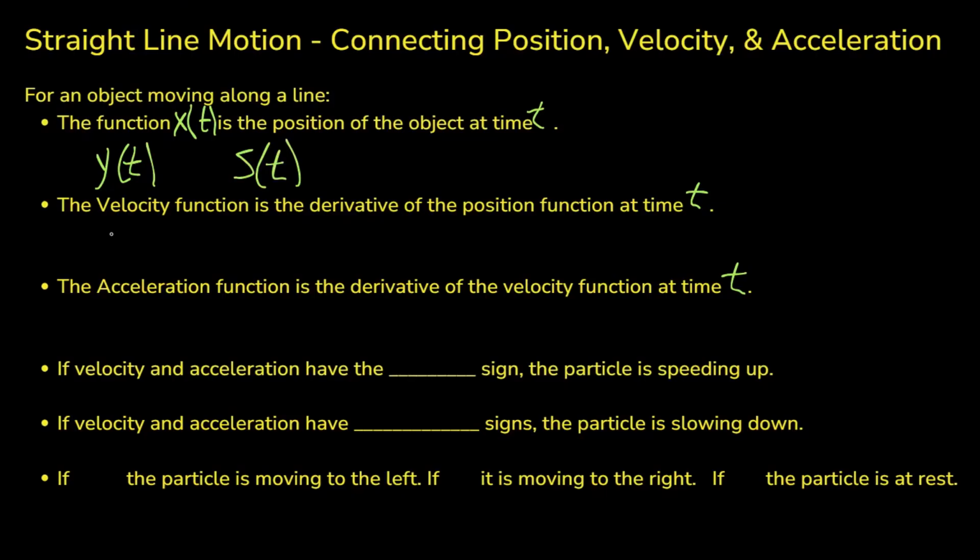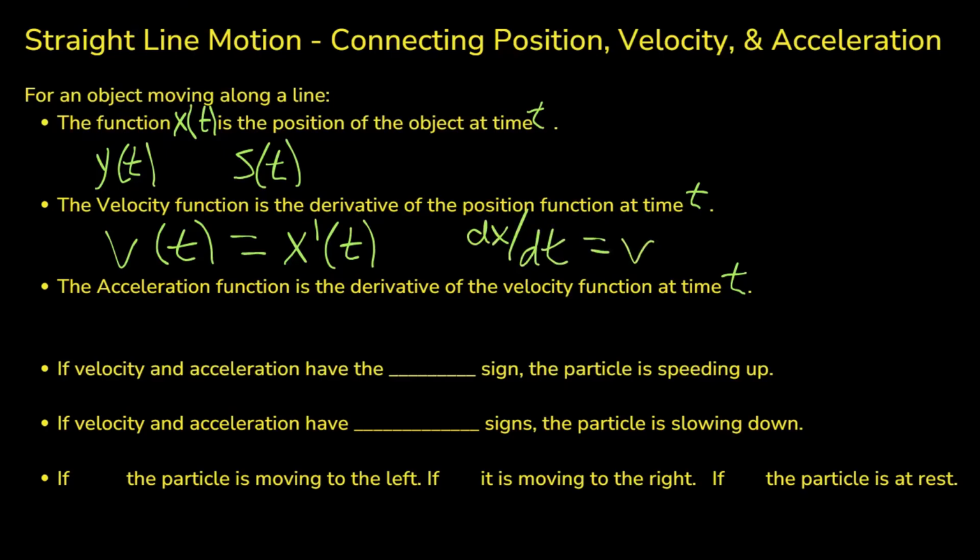Now, the velocity function v of t is the derivative of the position function x prime of t, or you might see that as dx dt equals v. The acceleration function a of t is the derivative of the velocity function, so v prime of t, and therefore it is the second derivative of the position function.